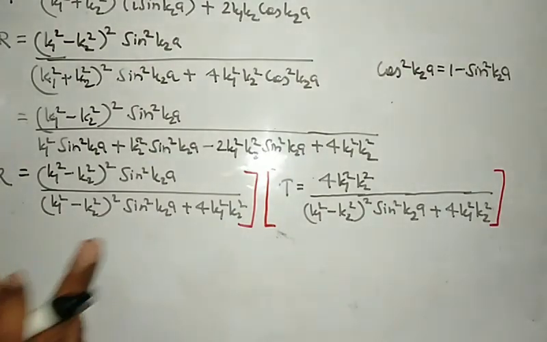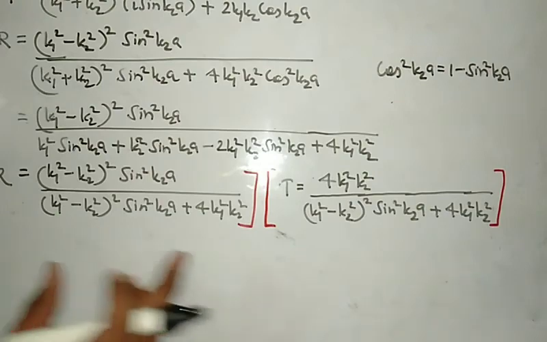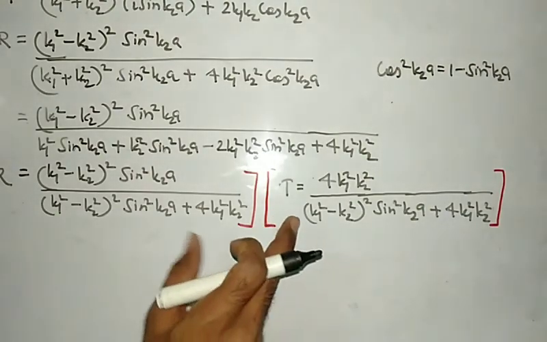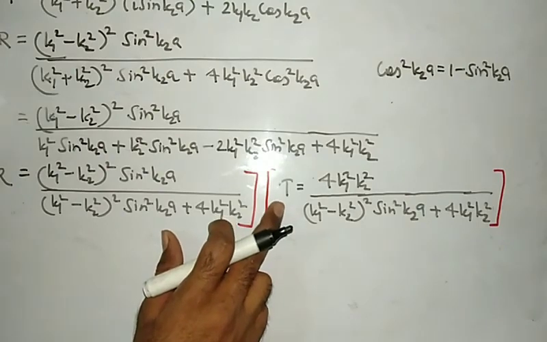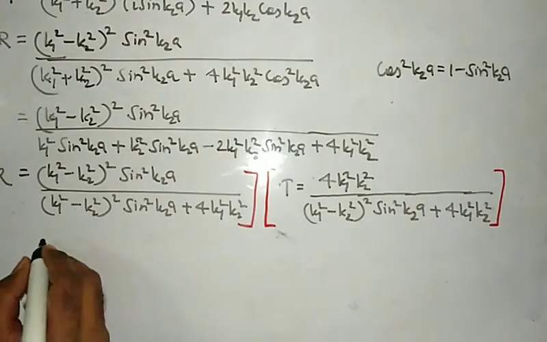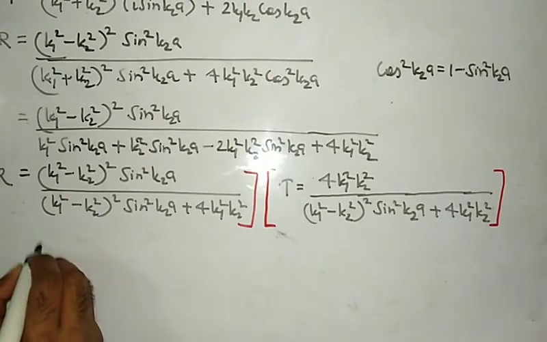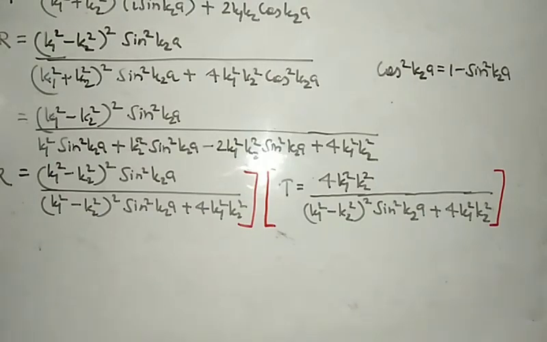Now we have the value of the quantum mechanical reflection coefficient as well as the transmission coefficient, and by definition we know the value of r plus t.